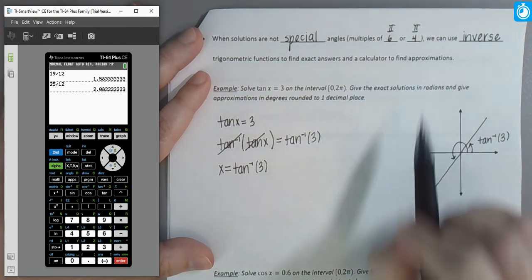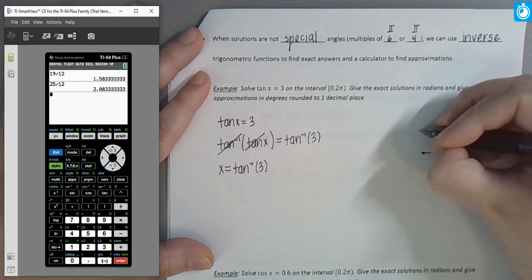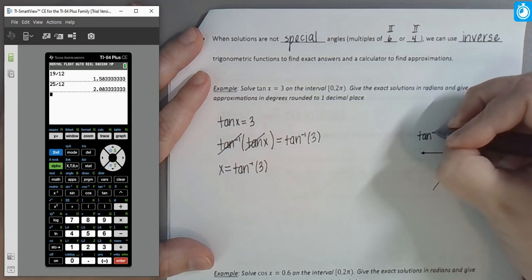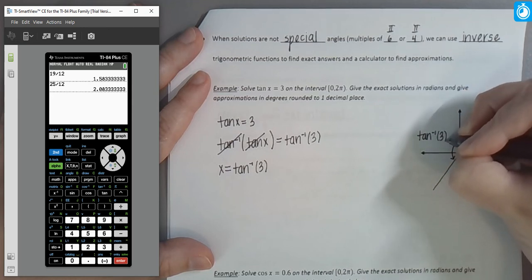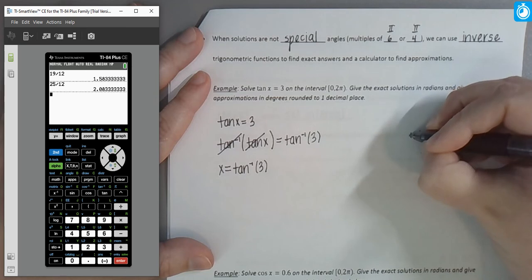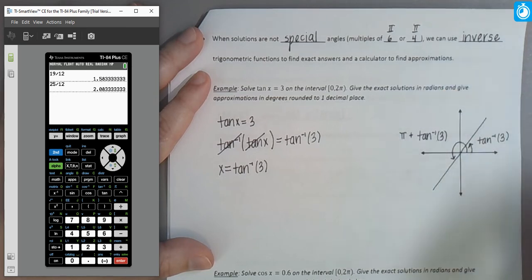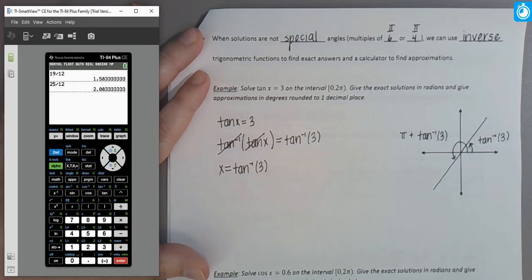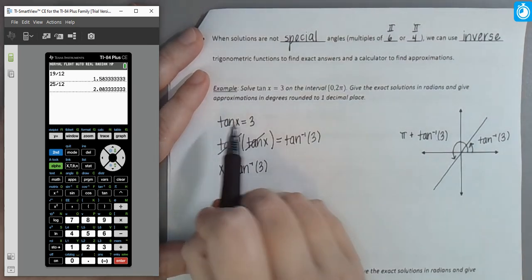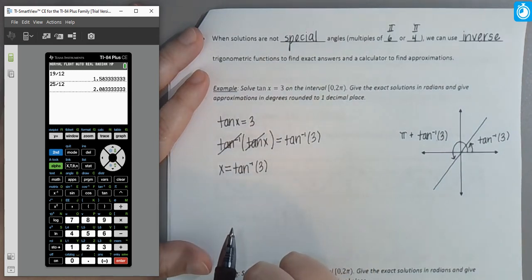And exact in terms of radians means we would take tangent inverse of 3, and to that we would add pi radians. So pi plus tangent inverse of 3 will take us to another value that has that particular value for tangent. It's going to take us to another angle that's going to work for our equation.